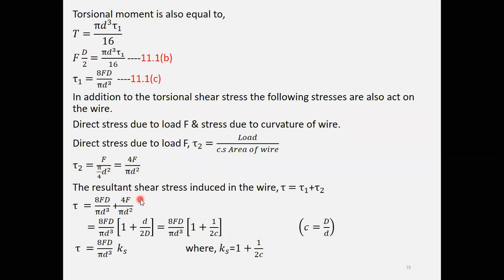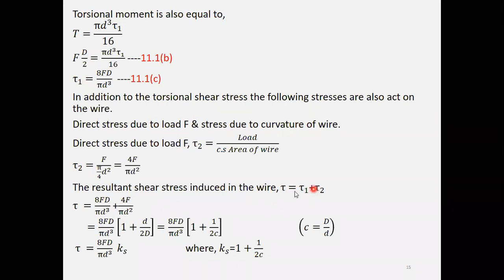Now, you need to consider the direct stress as well as the torsional shear stress. Therefore, the resultant shear stress induced in the wire, tau, is the sum of the torsional shear stress, tau 1, and the direct shear stress due to the load F, tau 2.